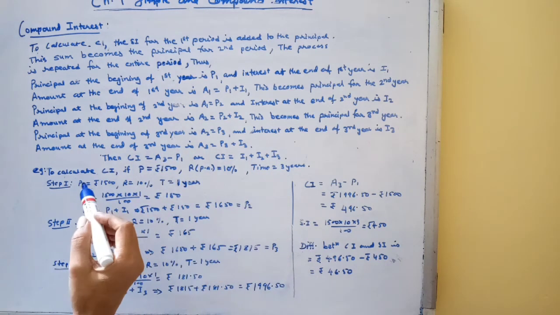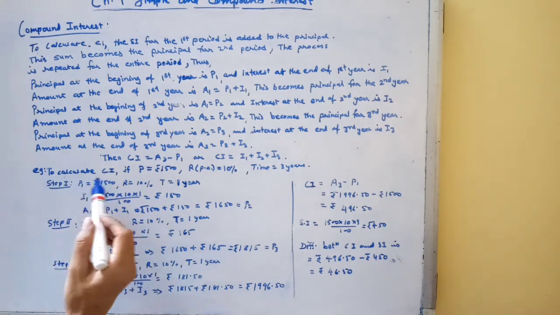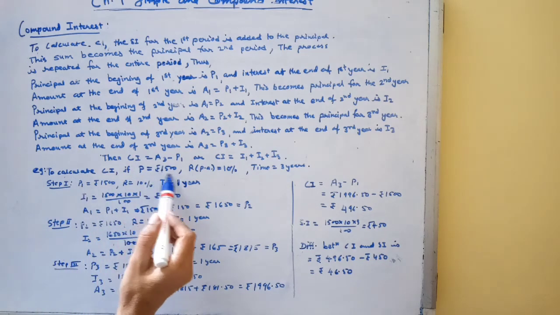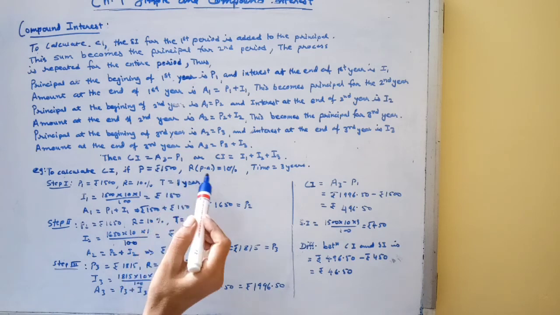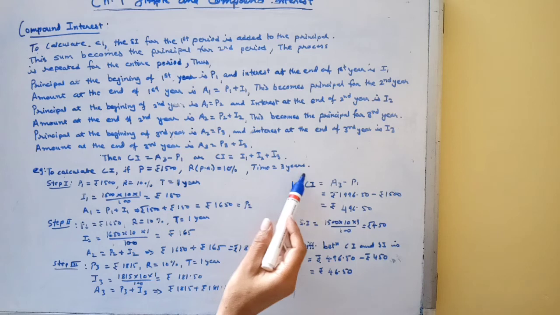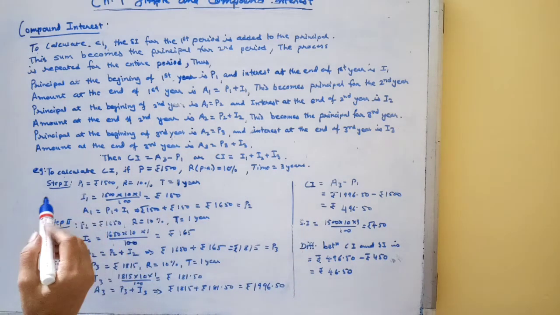Now let us understand how to calculate compound interest by taking one example. To calculate compound interest, the principal is rupees 1500, the rate per annum is 10%, and the time is 3 years. Now we will go step by step.